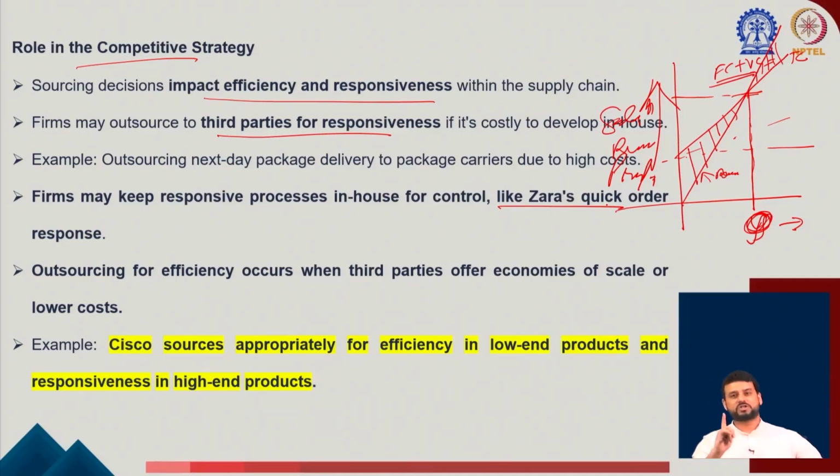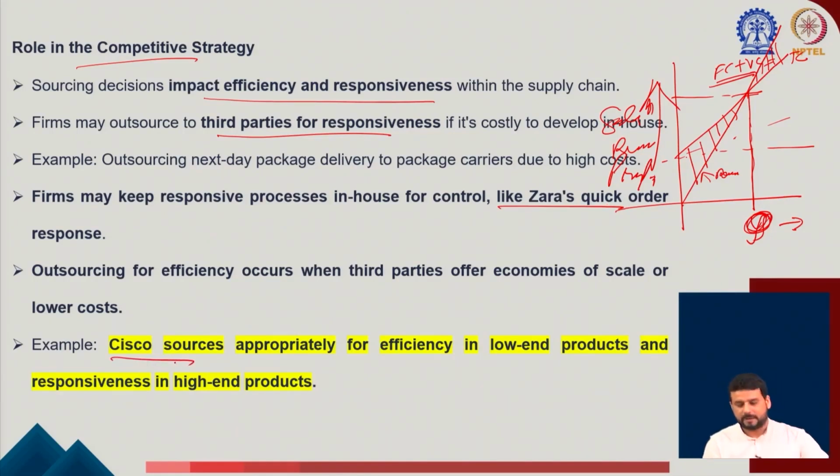But products which require quick change in pattern or fashion, they process in house in Europe only, near the market where they are selling, right? So that is one example.